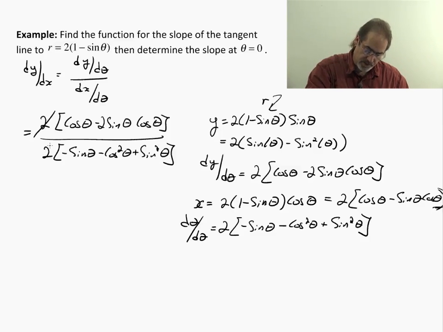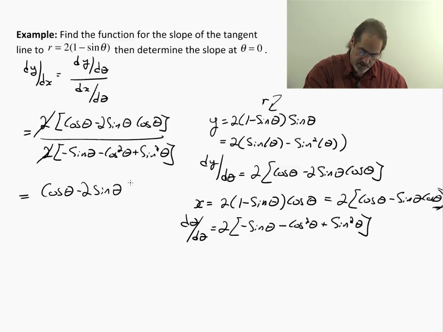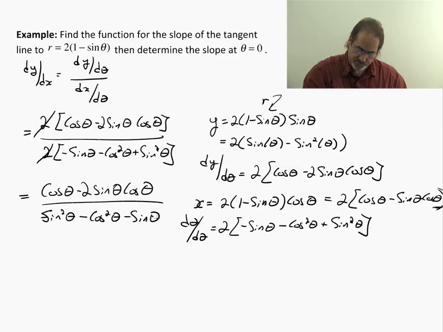Obviously the 2's cancel out. So really all I have is cosine theta minus 2 sine theta cosine theta divided by, I'm going to do sine squared theta minus cosine squared theta minus sine theta. Sorry, it just felt more natural to write it that way.